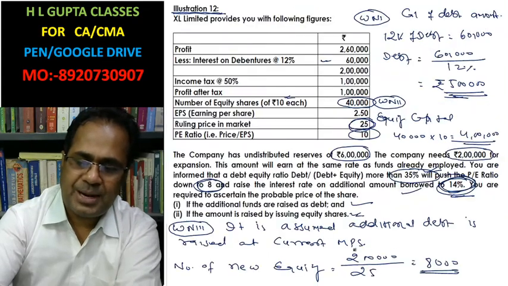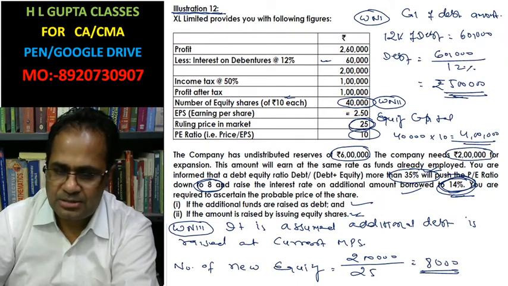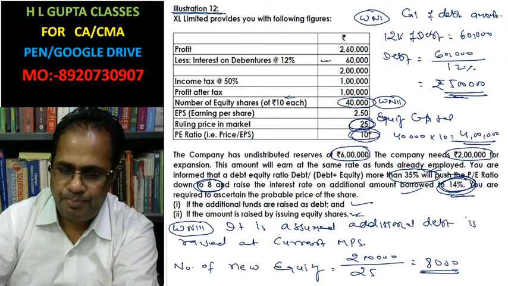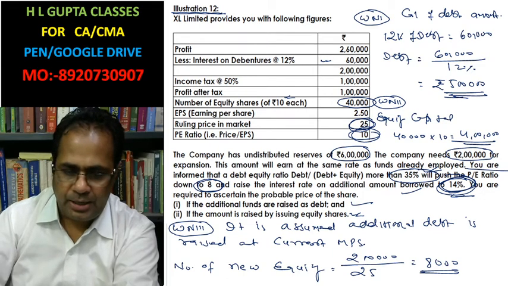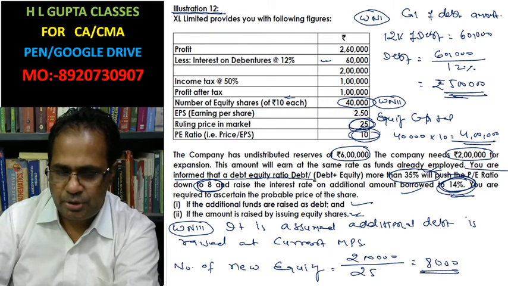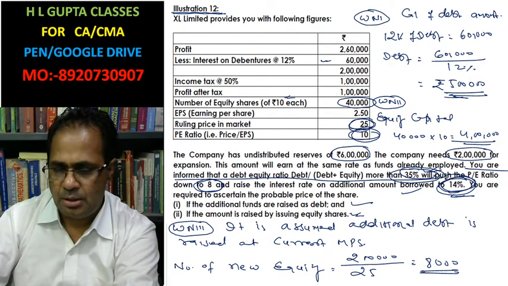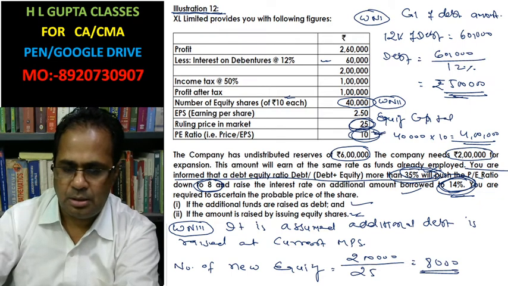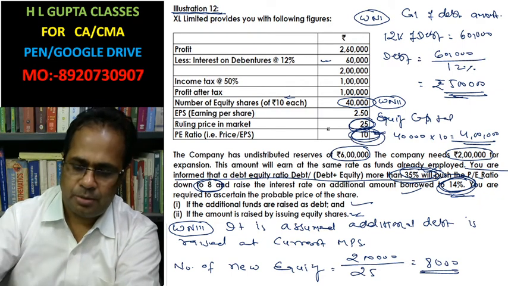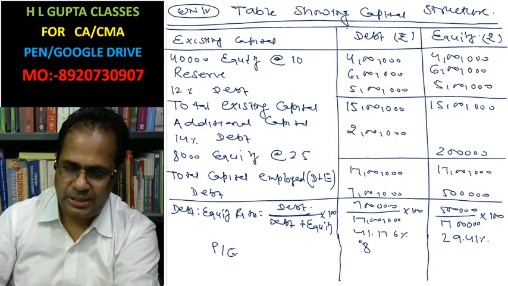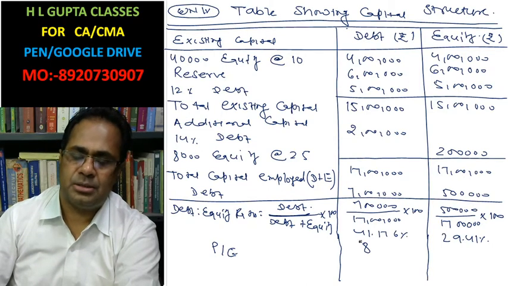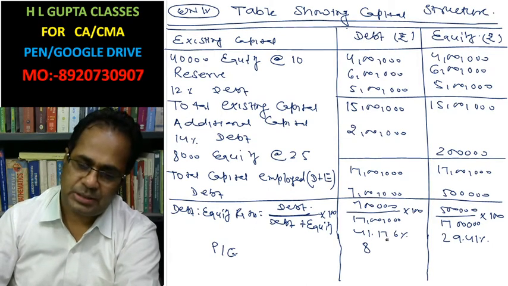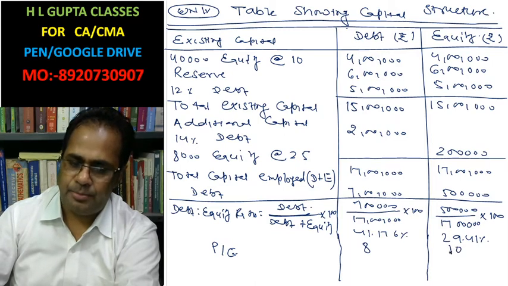Otherwise, the existing price earning ratio is maintained, that is 10. Here it is 8 because the debt equity ratio is more than 35%, and this will be 10.